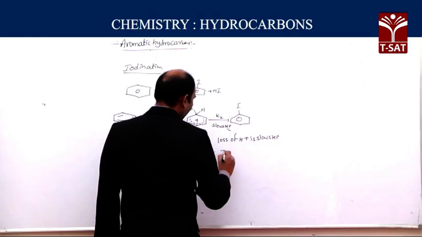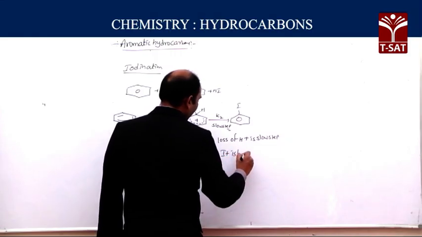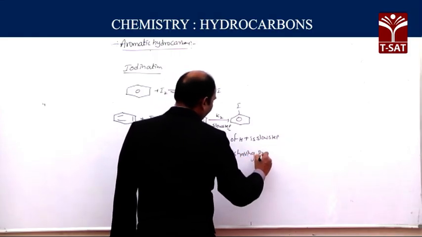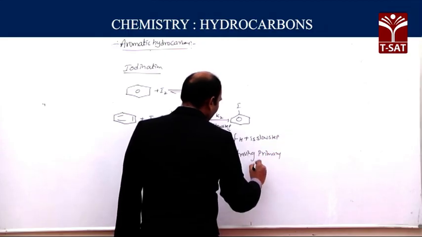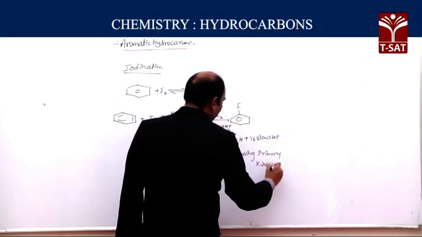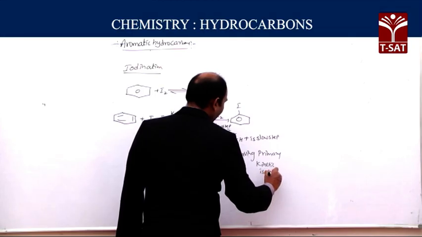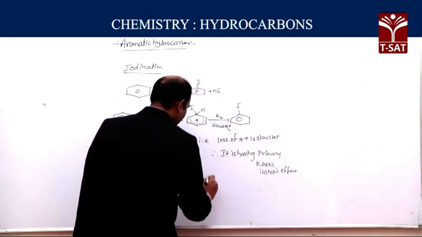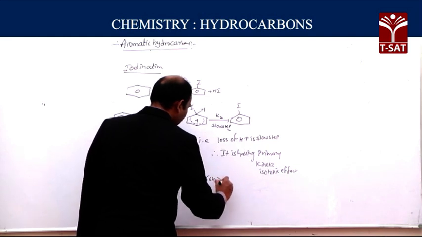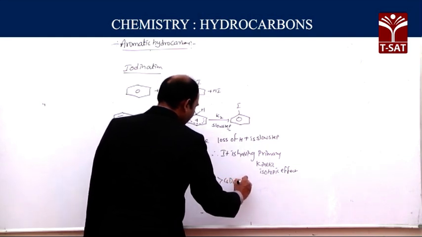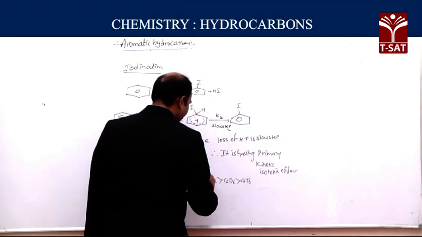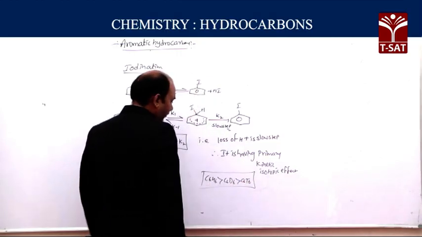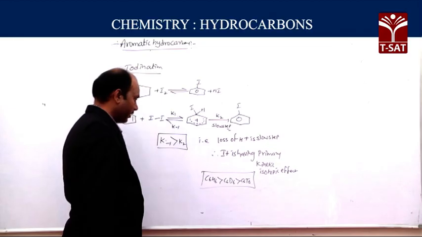Therefore, it has a primary kinetic isotopic effect. That means C6H6 is greater than C6D6, which is greater than C6T6, in terms of the rate of reactivity towards iodination.